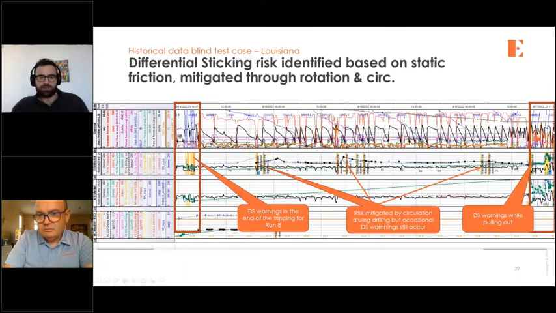So what do we have after this? Then you see some other warnings, some risks identified. This is a historical data blind test case, I should say, so the rig crew were not actually seeing these.